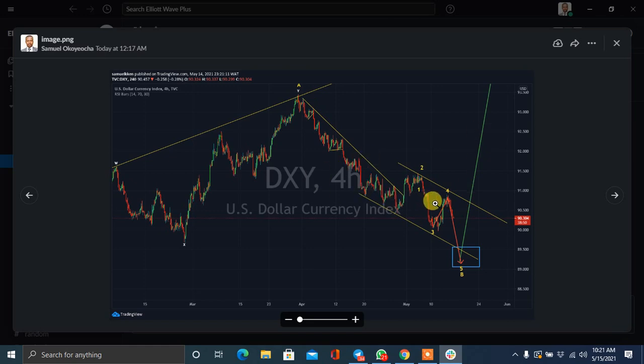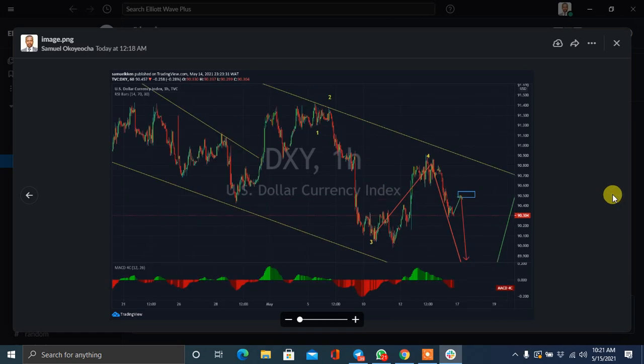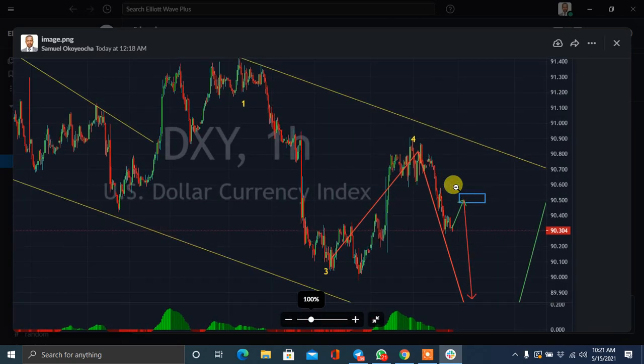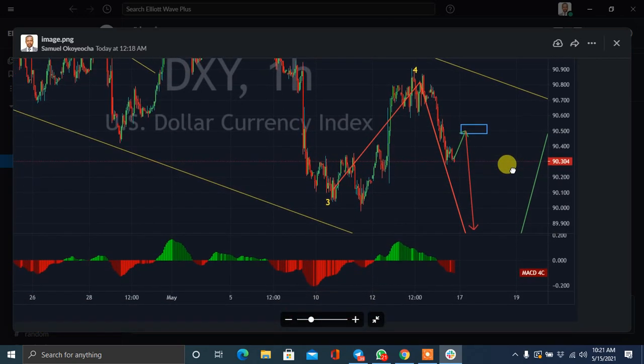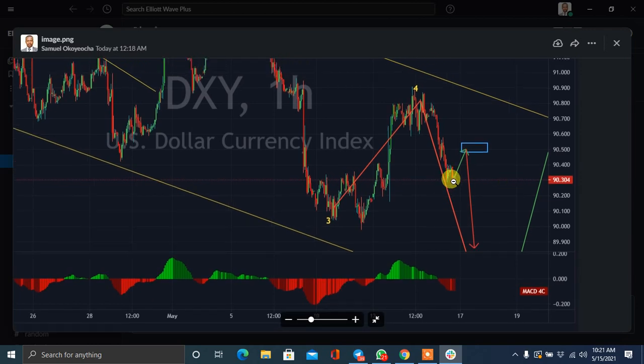This is for just the 4 hours. On the 1 hour, you can see we expect a little pullback, then the price will go down. That's for DXY.